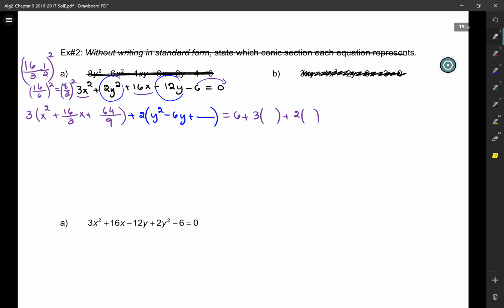All right. And what goes in the blue blank? Okay, so here we have 64 over 9. 9. All right, so let's see what we have. 3 times x plus 8 over 3 squared, plus 2 times y minus 3 squared equal to 6 plus all that, it's 136 over 3.